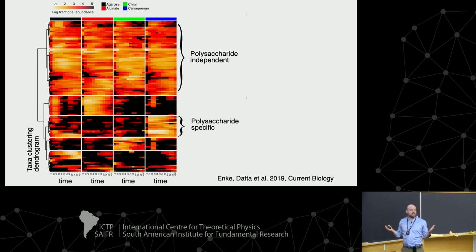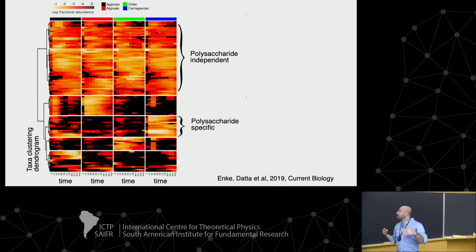This is the best number of clusters. 5 clusters: one of the things that don't care what the substrate is, and 1 cluster per substrate. So it's kind of nice because we can simplify again this very diverse system into these groups, which, as you can imagine, based on what I'm trying to preach here, maybe these are like functional units that we can use to simplify the system.